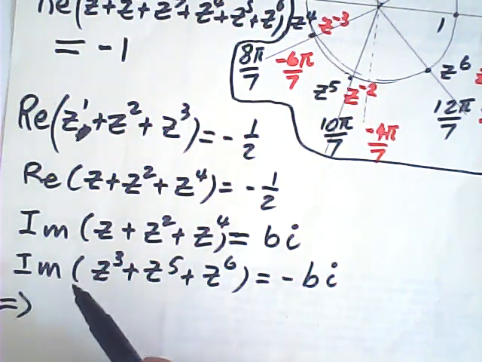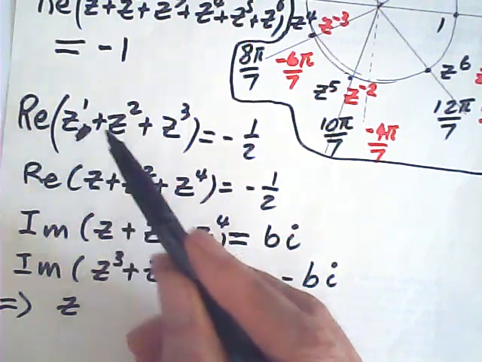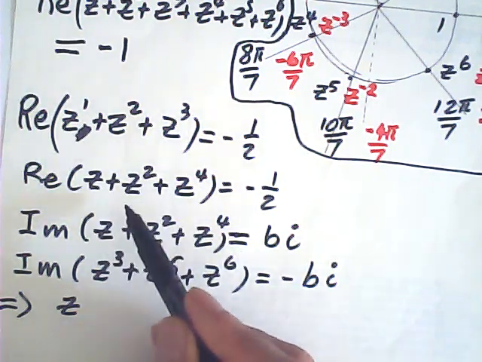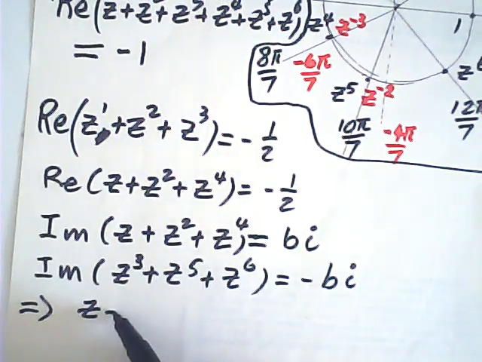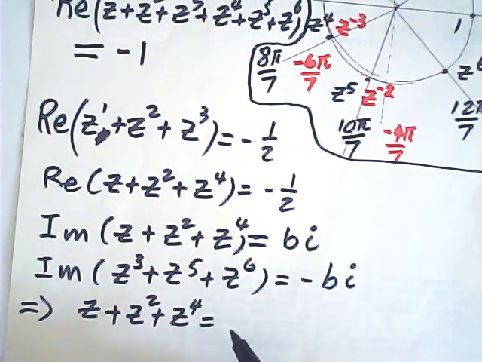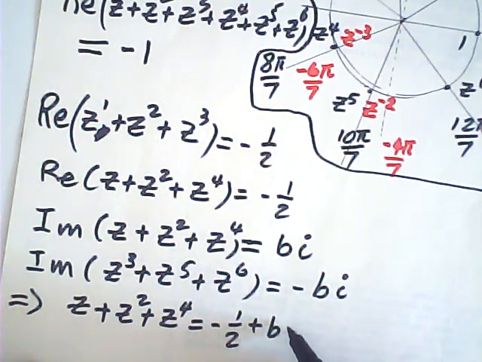z1, z2, z4, the real part is the negative half. The imaginary part is bi.